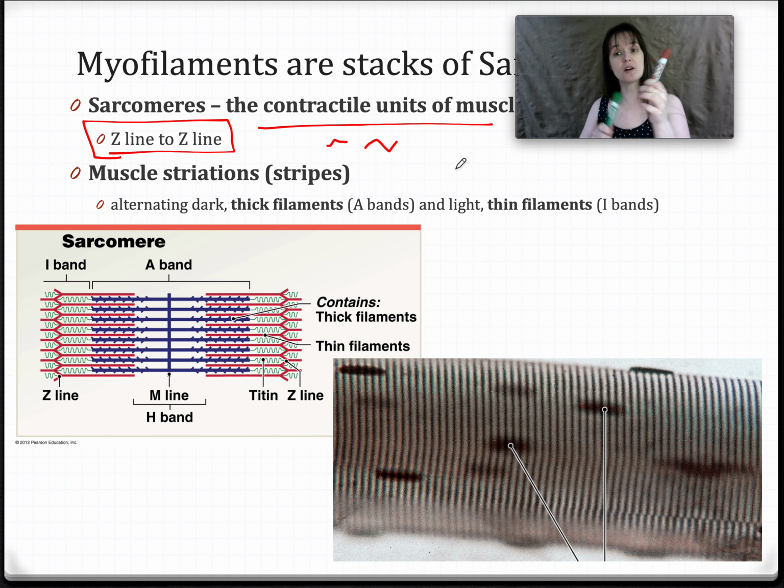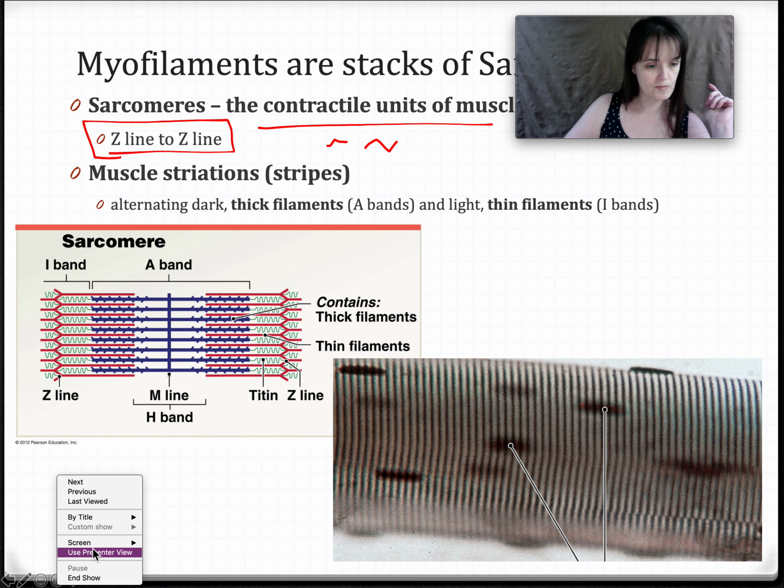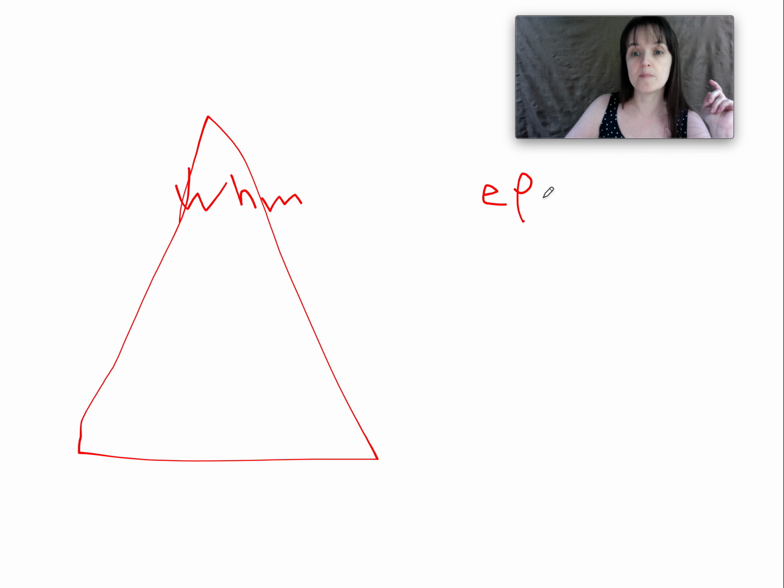And the sarcomeres are made up of myofilaments. Sometimes people will say, we're going to whiteboard now. That didn't whiteboard. White screen. Okay, so we had our triangle, and we said the whole muscle was surrounded by epimysium, and the whole muscle is made of fascicles.